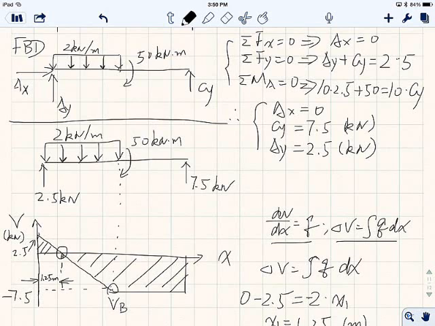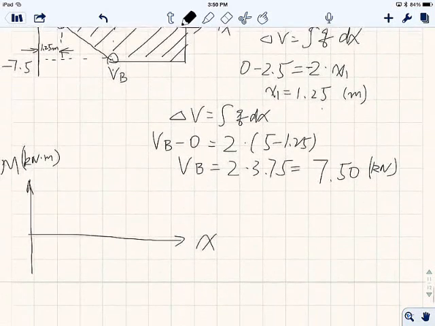At these 2 points, point A and then point C, summation M is 0. So at point C there's no moment. At point A there's no moment. So it should start at 0 and end at 0. So we already know 2 points on the moment diagram: 0 and 0 at point A and point C, right?